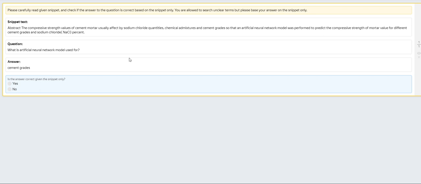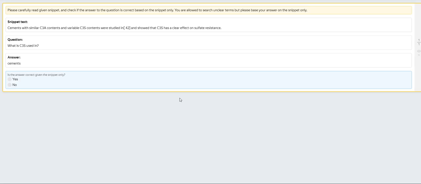What is the artificial neural network model used for? Let me read through this again. I would go with no for this as well.